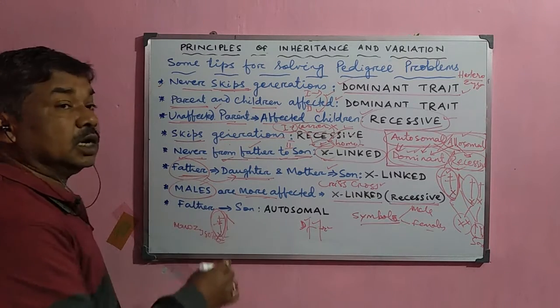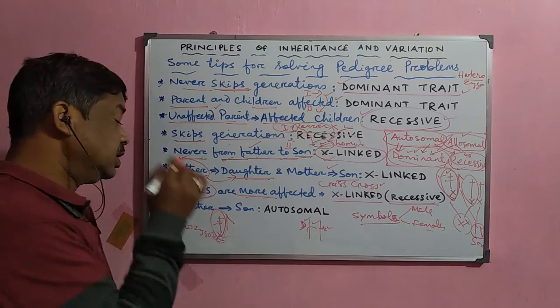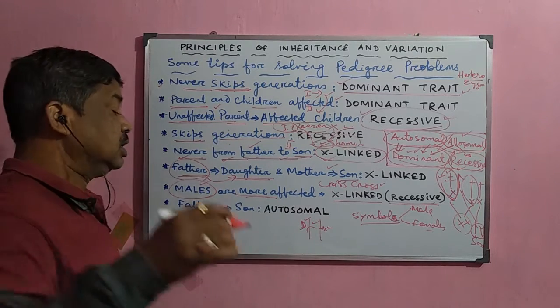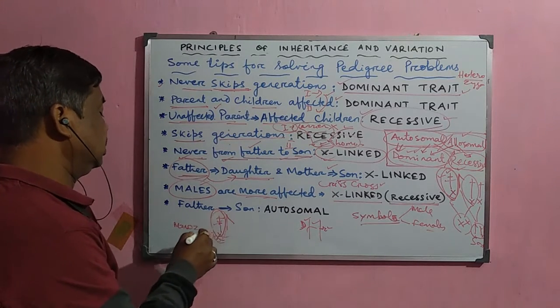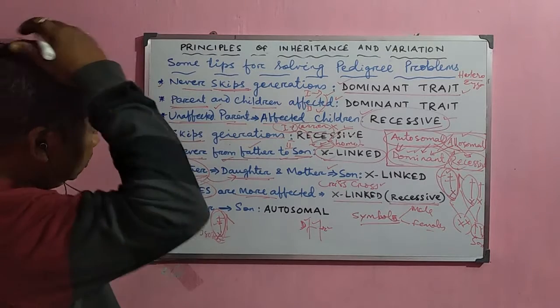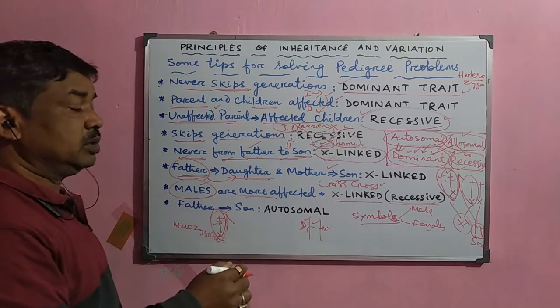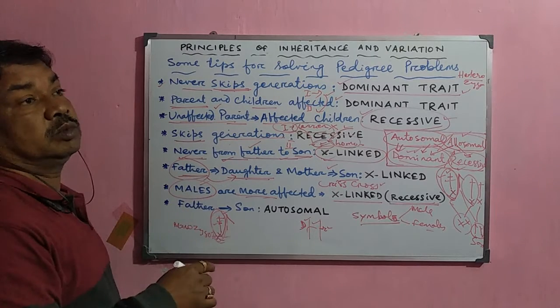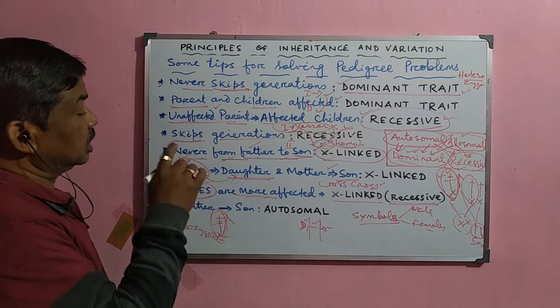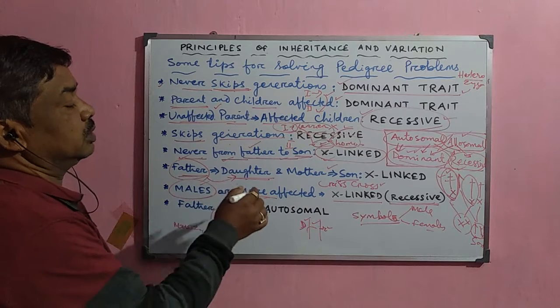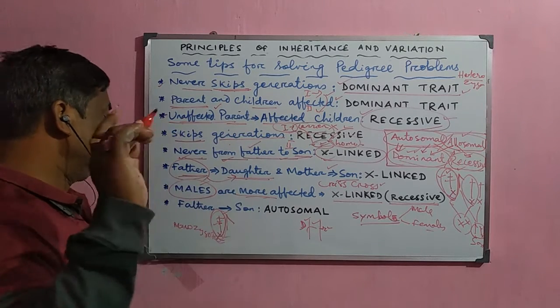If it is dominant, it will definitely be expressed, and if it is recessive, then also it will be expressed. That is why males are mostly affected, because every male who has the defective gene is affected.